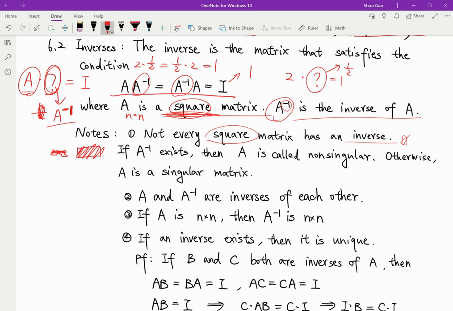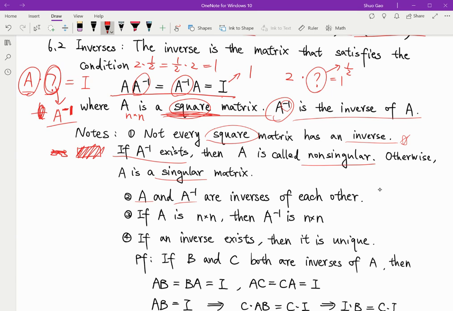Here, just some concepts. If the inverse matrix exists, then A is called a non-singular matrix. Otherwise, if there's no inverse matrix, then A is called a singular matrix. And A and A inverse are inverses of each other.